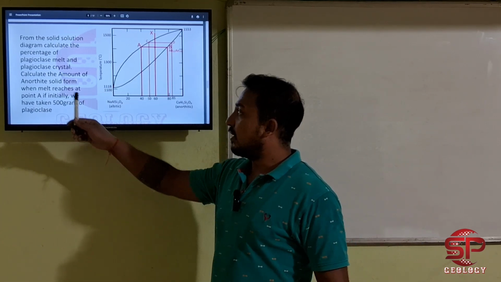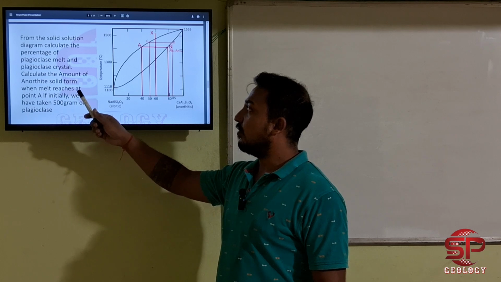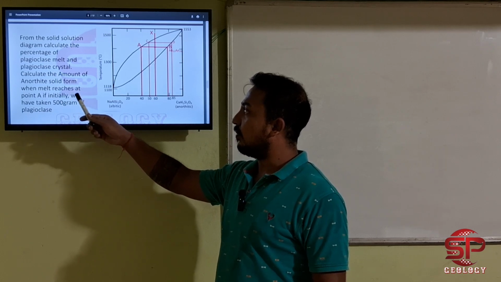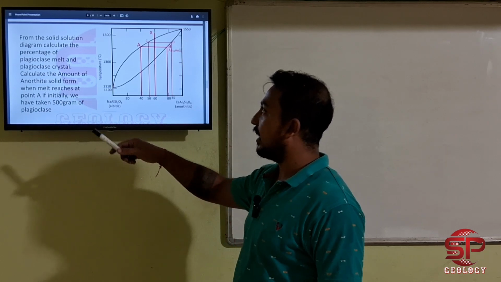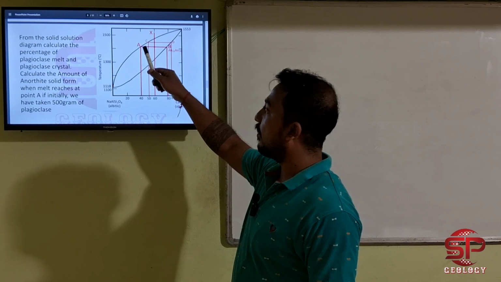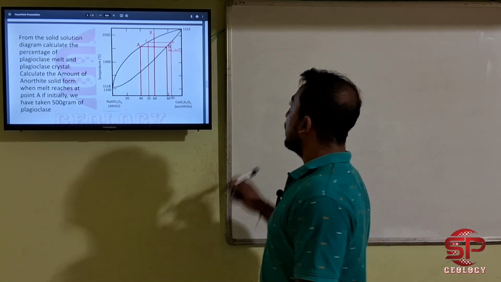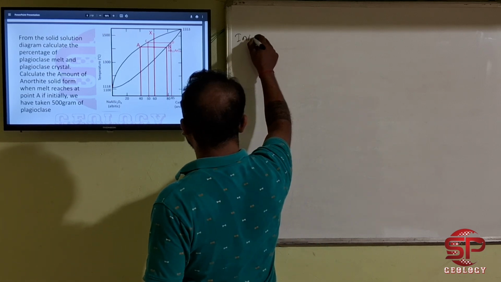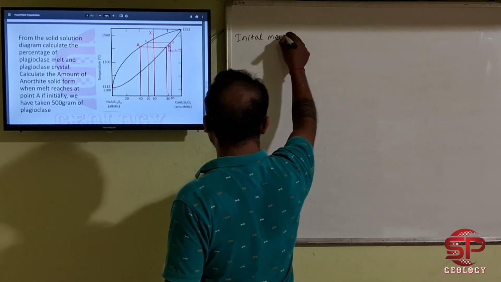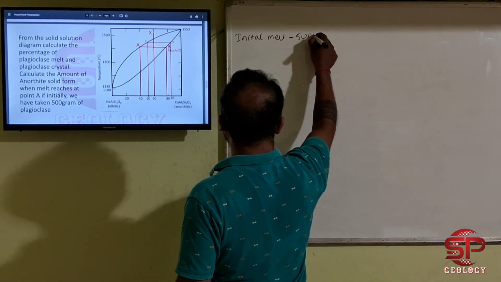Then comes the next part: calculate the amount of anorthite solid formed when the melt reaches point A, if initially we have taken 500 gram of plagioclase. So the initial melt is 500 gram.